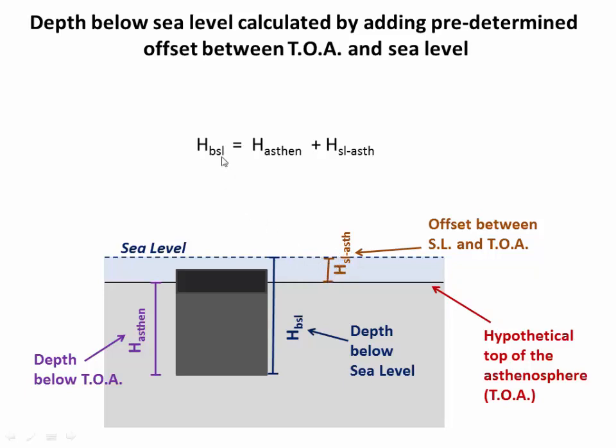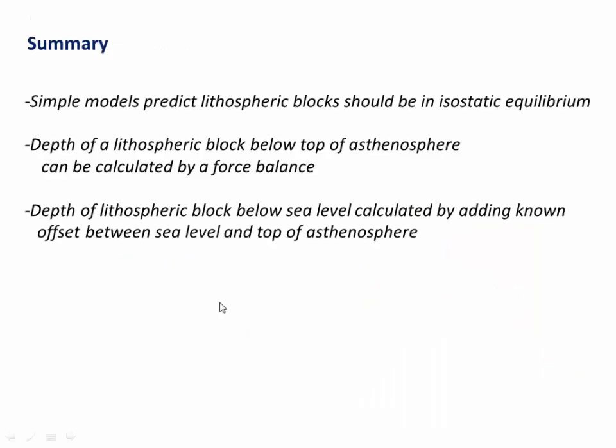So mathematically it just says that the depth below sea level is equal to the depth below the top of the asthenosphere plus the offset between the sea level and the asthenosphere. And of course this number would now give us the elevation of this block below sea level. If we want to know the elevation of the top of the block below sea level, we just need to do a little more math, taking into account the thickness of this block, right?